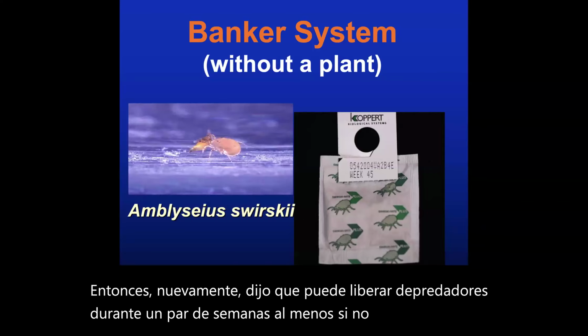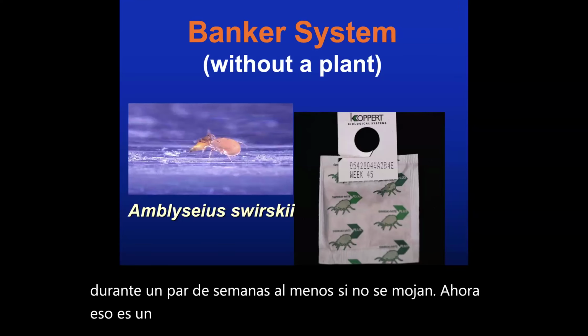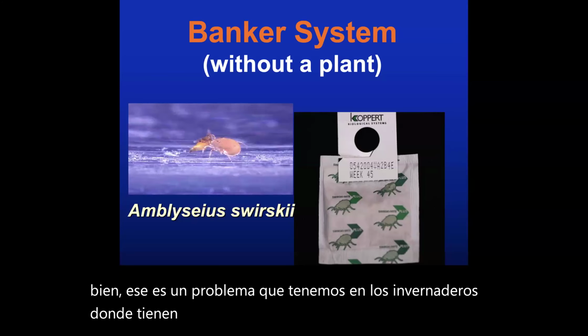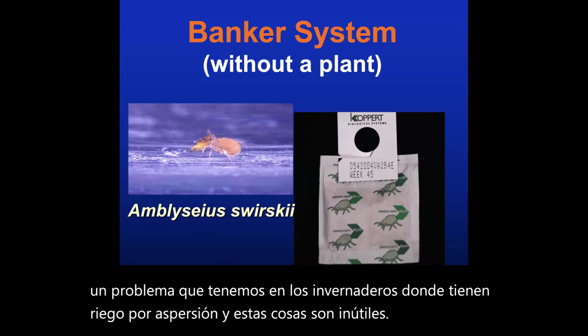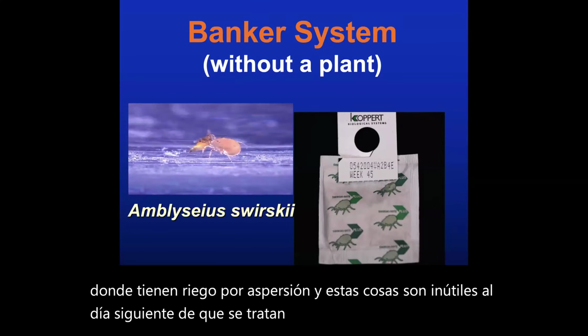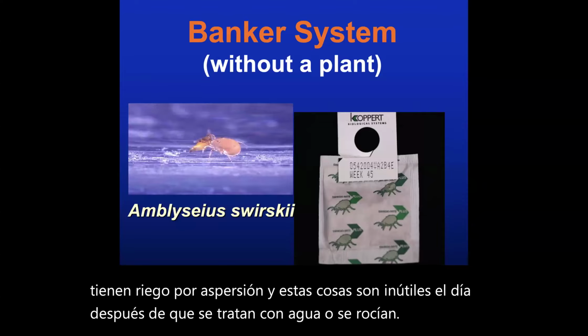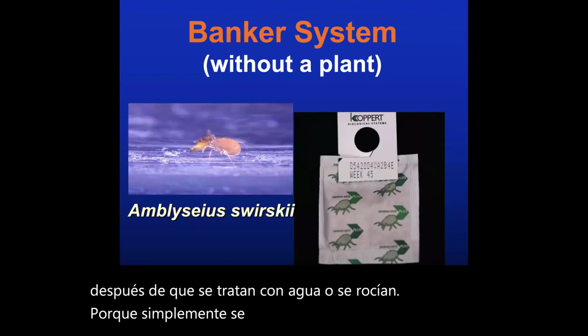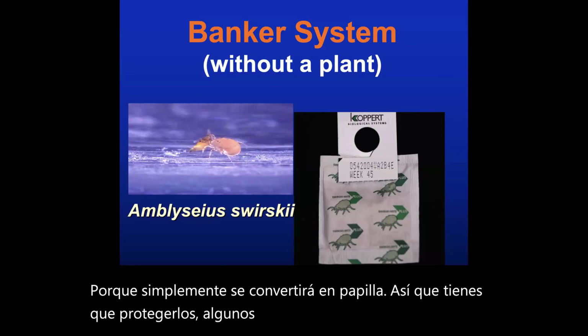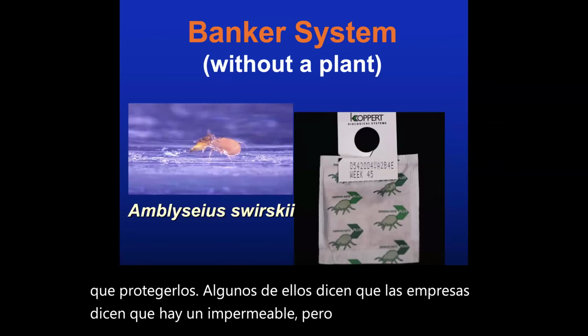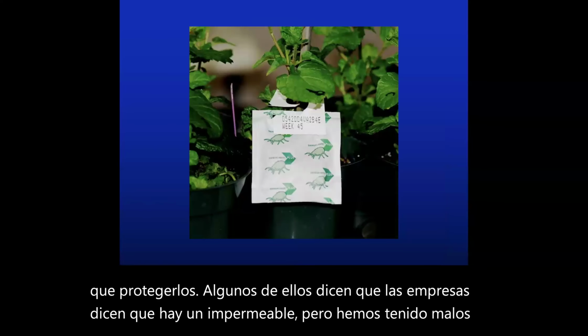Now that's a problem we have in greenhouses where they have overhead irrigation, and these things are useless the day after they get treated with water or get sprayed, because it'll just turn to mush. So you have to protect them. Some companies say theirs are waterproof, but we've had poor results with anything if it gets wet.